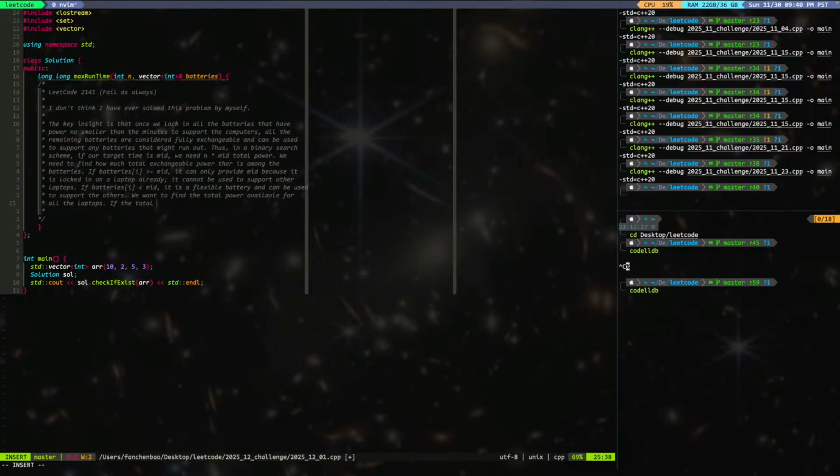If the total power is no smaller than n times mid, we can handle mid and move to a higher target. Otherwise, we move to a lower target.